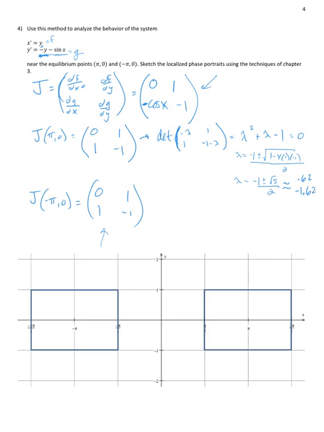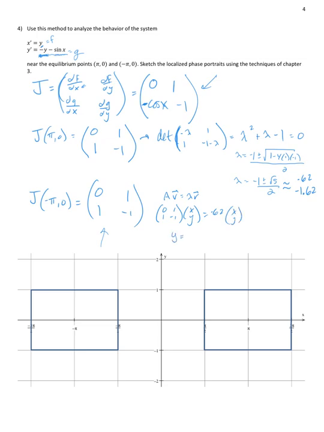I would need eigenvectors to sketch in the straight line solutions. So my eigenvectors, remember you get those by solving A v equals lambda v for each lambda. So A is 0, 1, 1, negative 1 times x, y equals 0.62 times x, y.